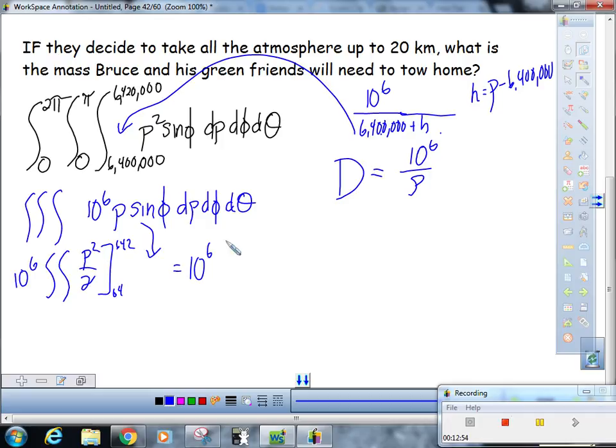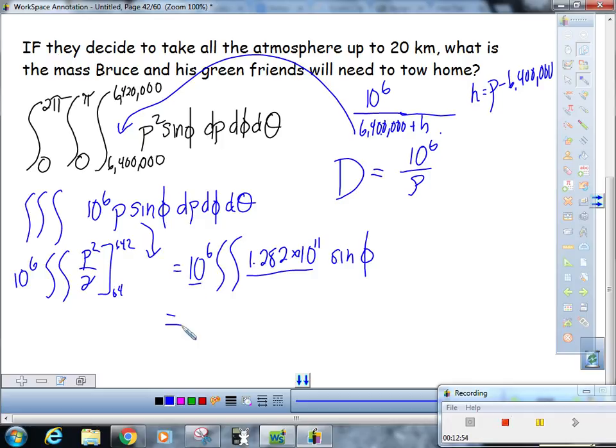So, the next line looks like this. 10 to the 6th times the double integral of 1.282 times 10 to the 11th sine phi. Now we're going to integrate that thing with respect to phi. So we're going to factor that back out.